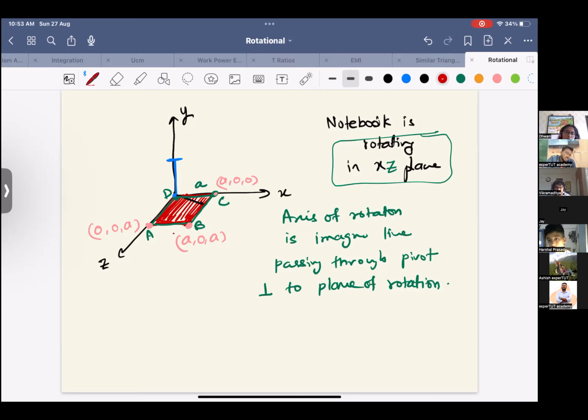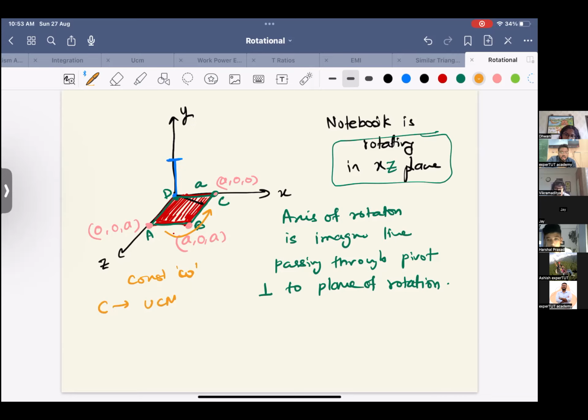It could be not revolving with constant angular velocity, but I'm saying it is revolving with constant omega. Then point C will undergo what?